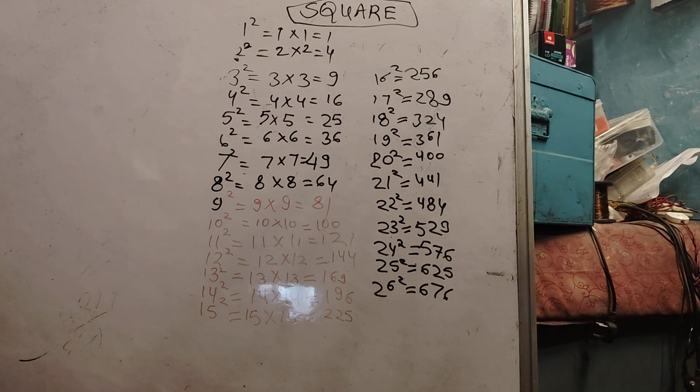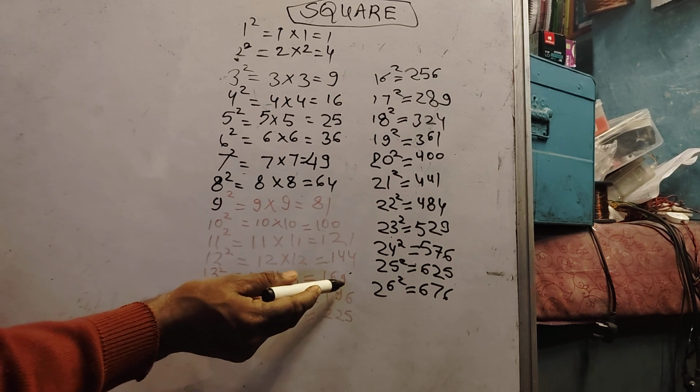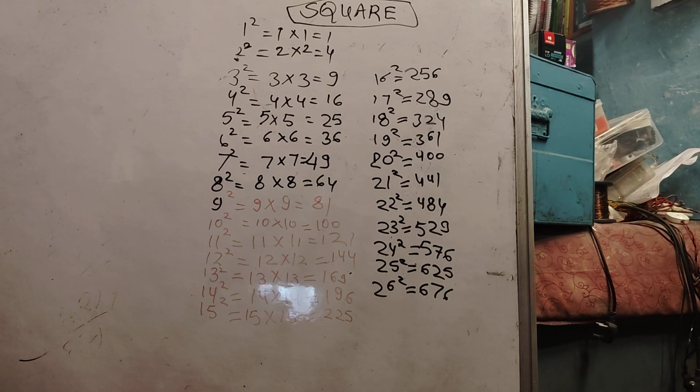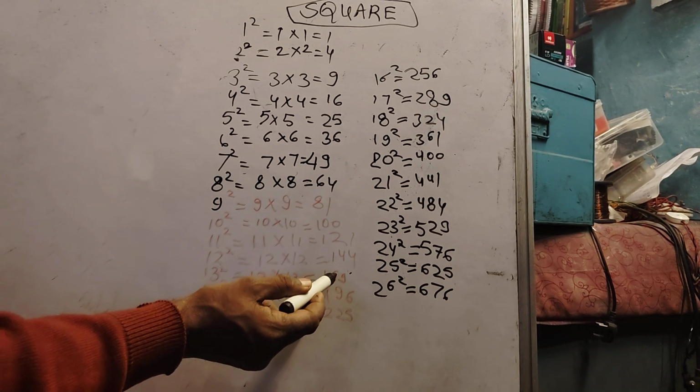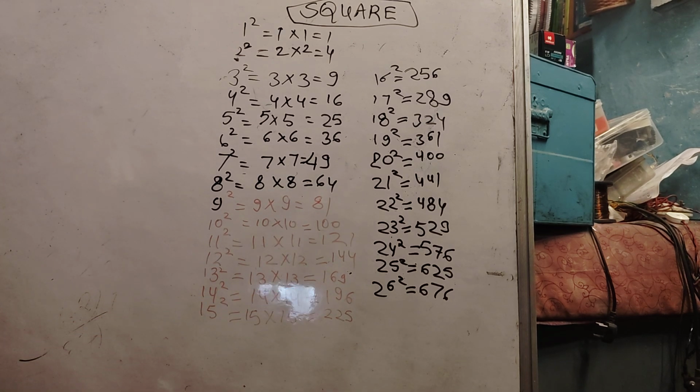There is a two numbers trick I can say you can remember. Look, the square of 13 is 169, and the square of 14 is 196. So 6 is replaced with 9: 96 and 69. 13 and 14 are consecutive numbers, and their squares are 169 and 196.